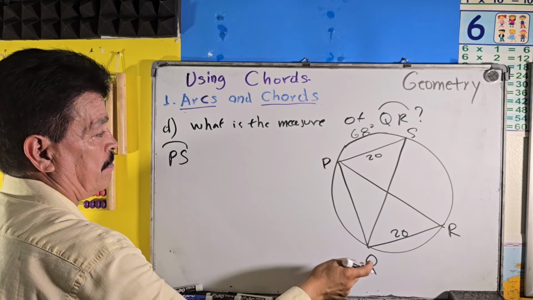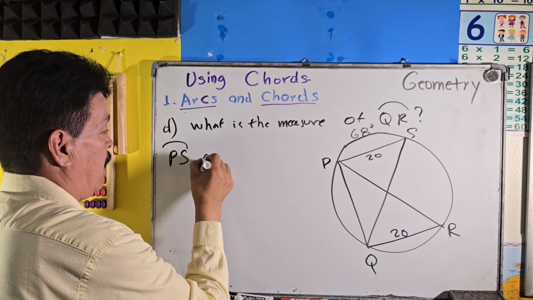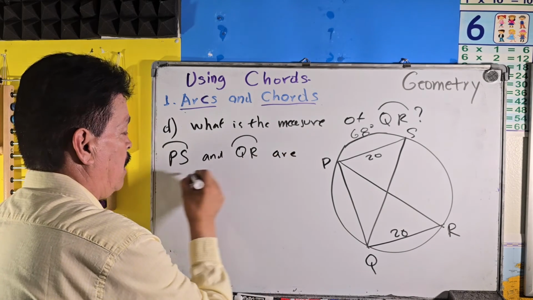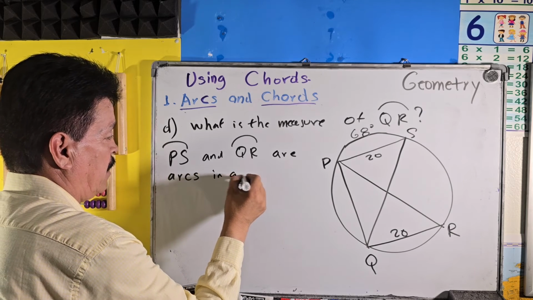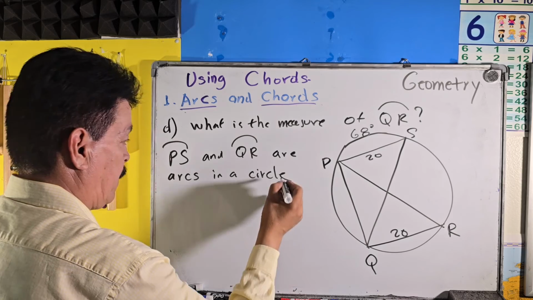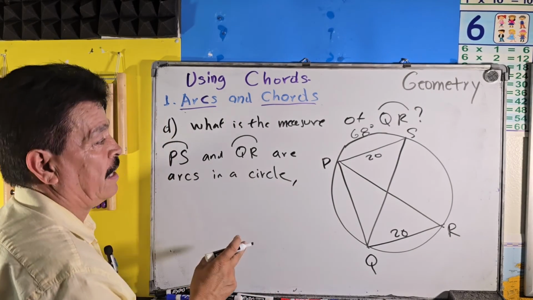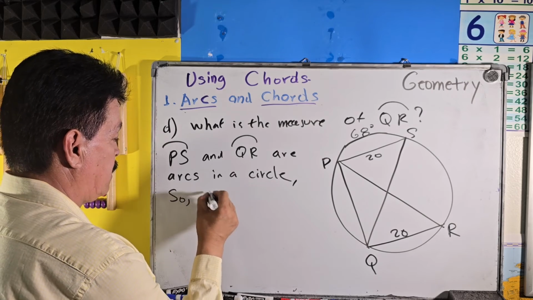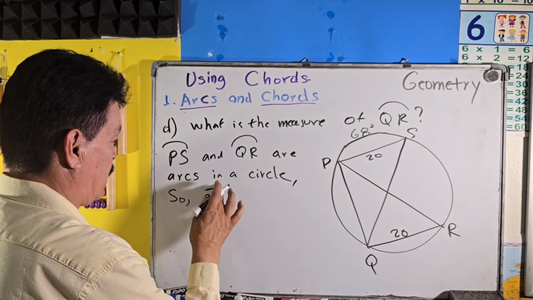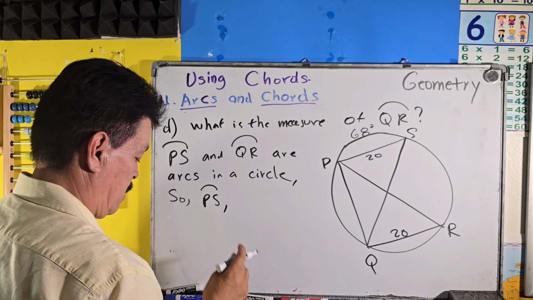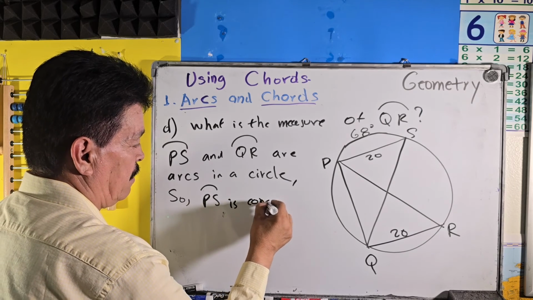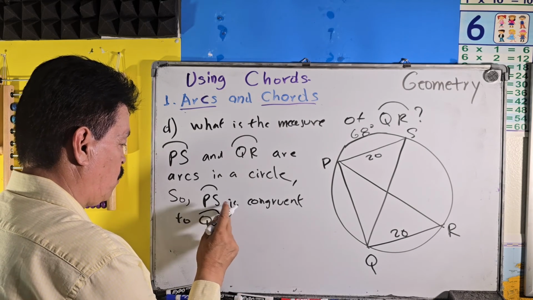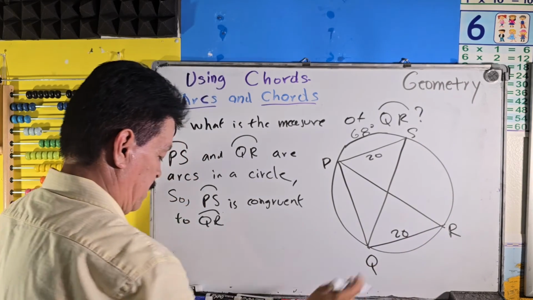Arc PS and arc QR are arcs in a circle. And their corresponding chords are congruent, correct? So arc PS is congruent to arc QR.